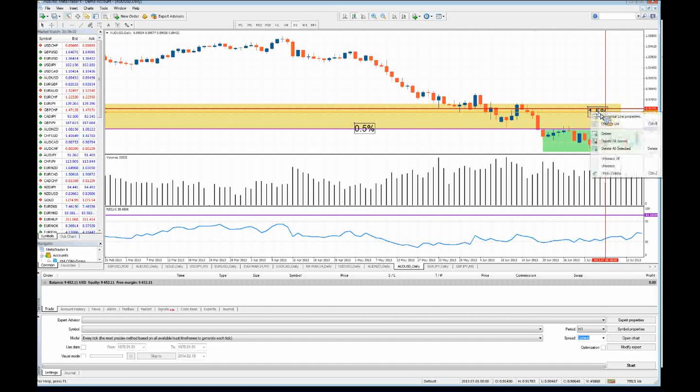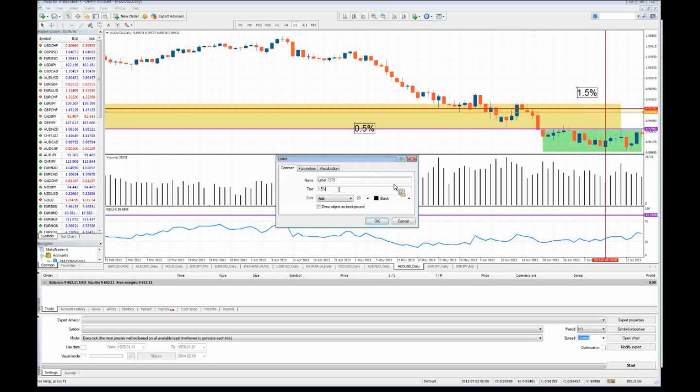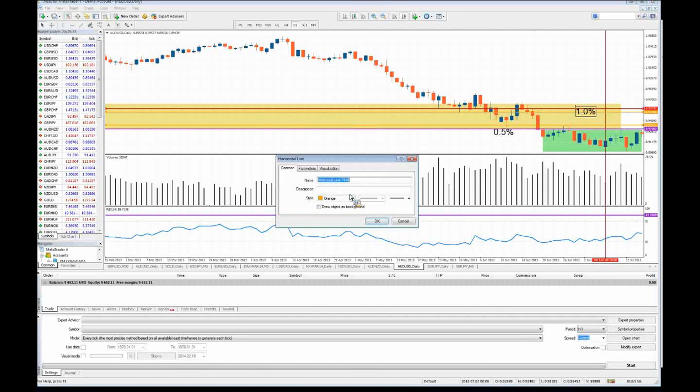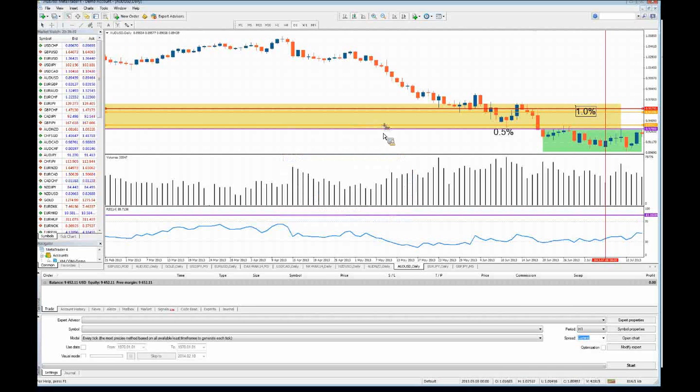Another way you could do it is by scaling in more than once. Okay, so we could leave our big entry around this line here. We could sell around our purple line, and then somewhere else on the chart, so on this high here, we could say to ourselves, actually, we're going to risk another 0.5% on this orange line.